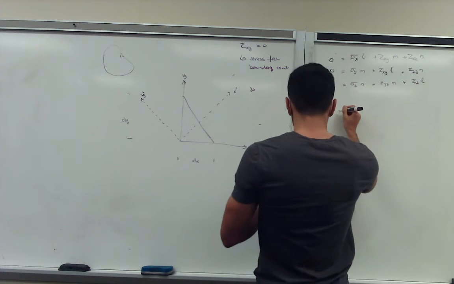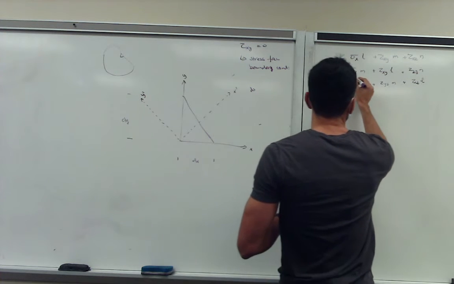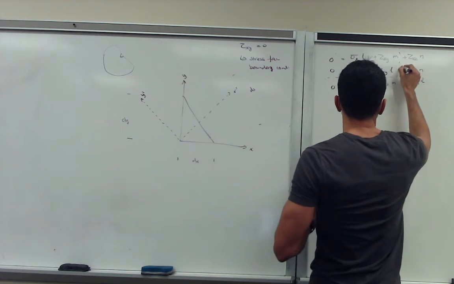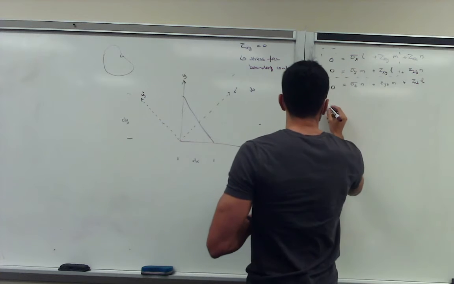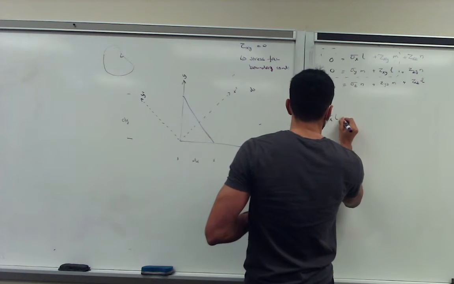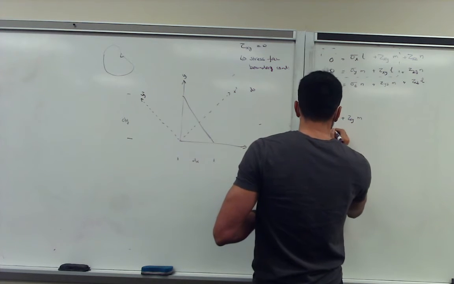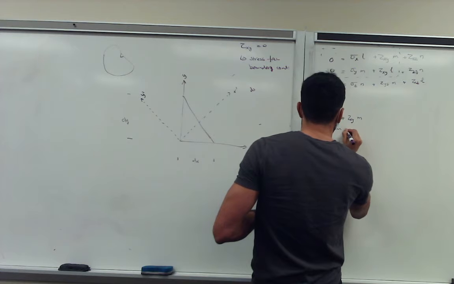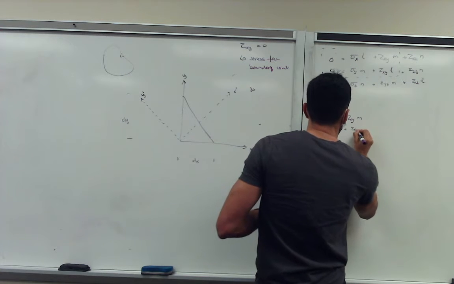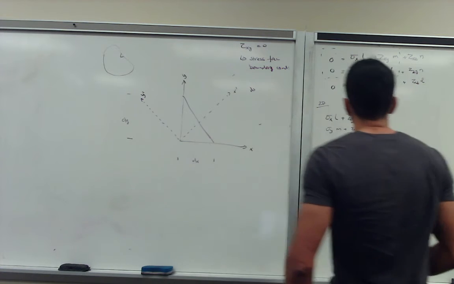So what we get is basically only this part. So the 2D case becomes sigma x times L plus tau xy times m, and sigma y times m plus tau xy times L, is equal to 0.